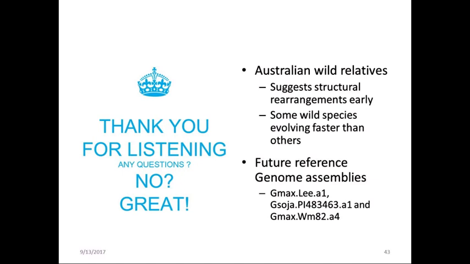Michelle? As an Australian, I have an interest in these wild relatives. Did you find that there were particular genes that were being selected against when you were using your expression data? We don't really have enough to do expression data, but what we hope to look into is gene family analysis. Have particular gene families expanded?